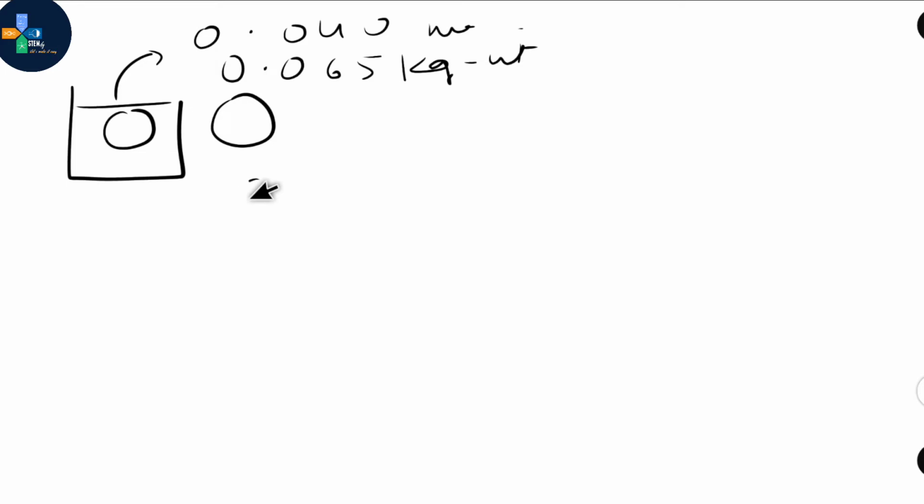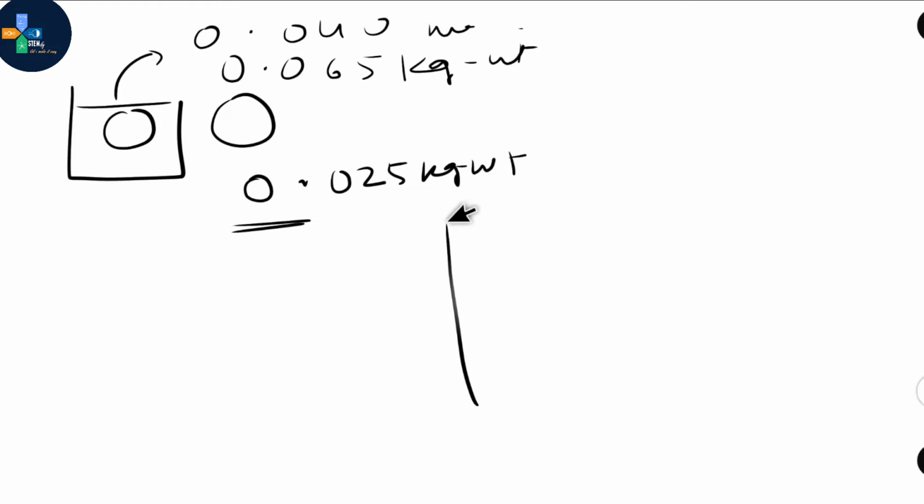So the difference was 0.025 kilogram weight. Let us see if we can verify this weight difference with the help of the experiment we did last.